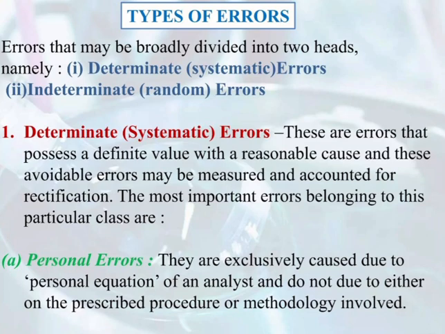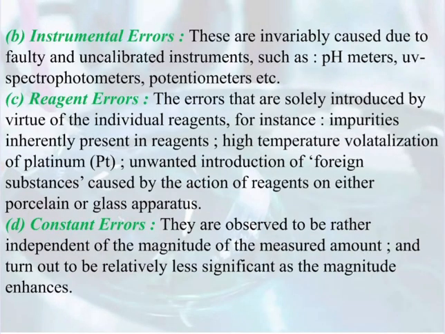When we look broadly at systematic error, the sources it covers are personal error. These personal errors are exclusively caused by the personal equation of an analyst and are not due to either the prescribed procedure or the methodology involved. Second one is instrumental error.